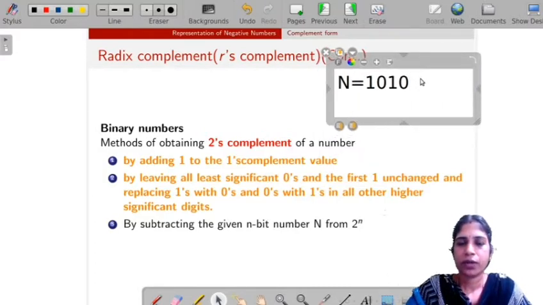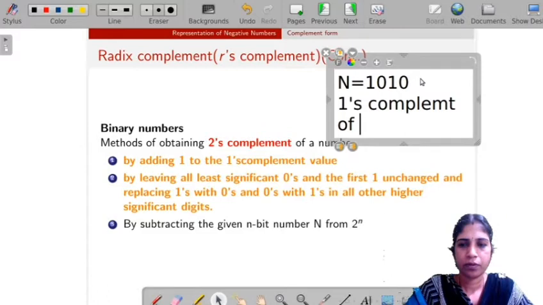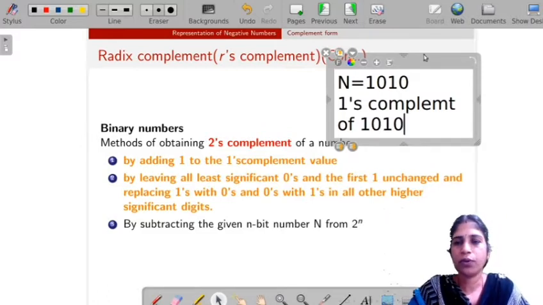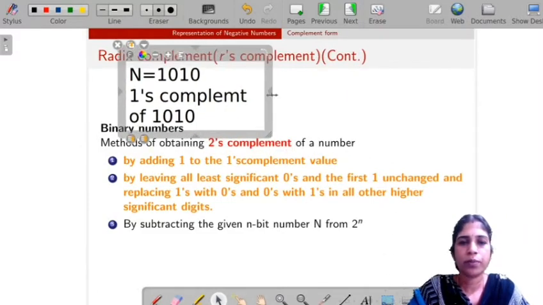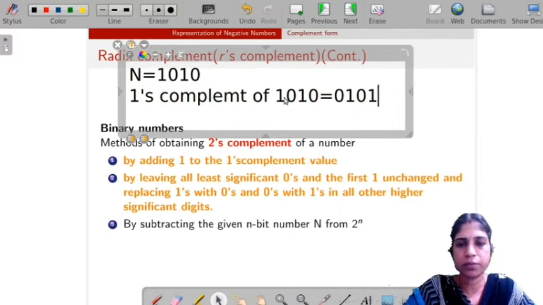We first find the 1's complement of this number, by simply complementing each bit. The most significant bit 1 becomes 0, next 0 becomes 1, next 1 becomes 0, next 0 becomes 1. So 0101 is the 1's complement of 1010.